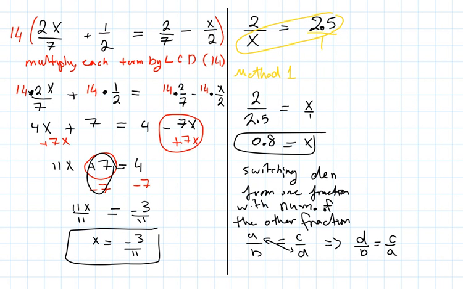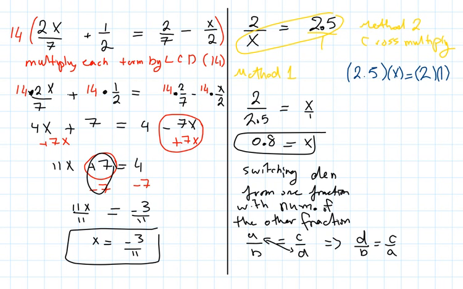Method 2 was cross multiplying. To do this, you just multiply 2.5 times x and 2 times 1.